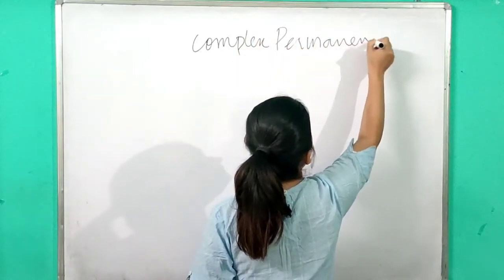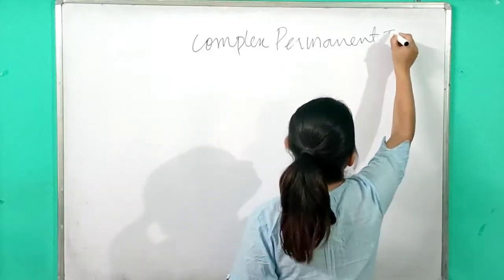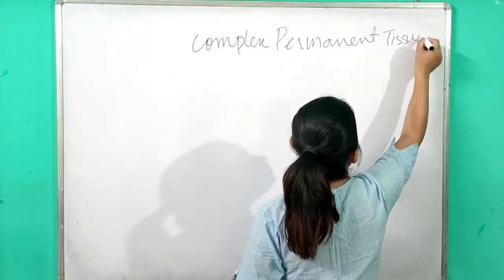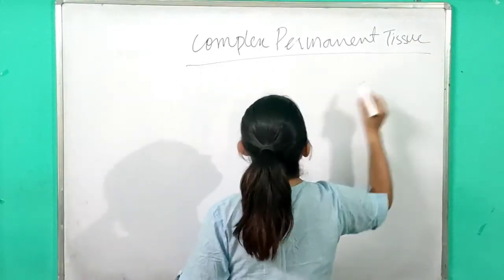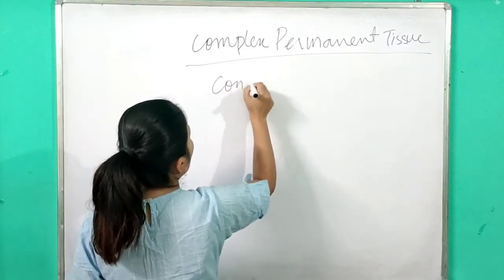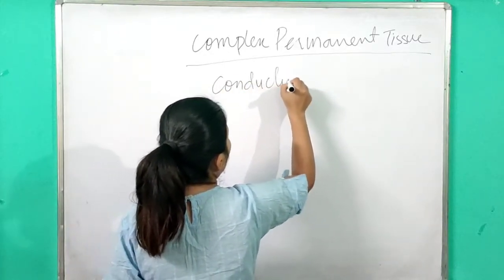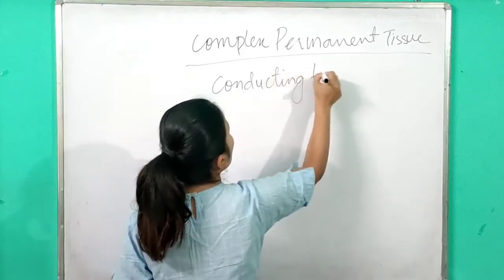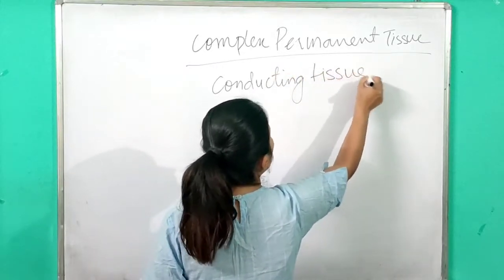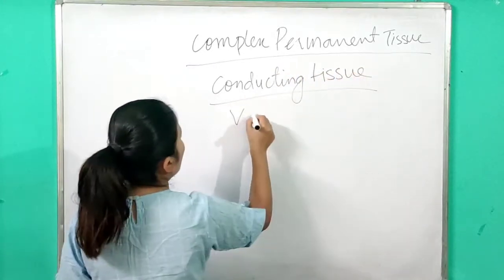Now this complex permanent tissue is also referred to as conducting tissue, also referred to as vascular tissue.